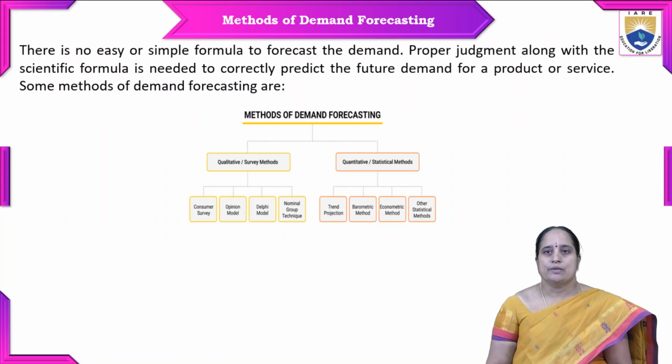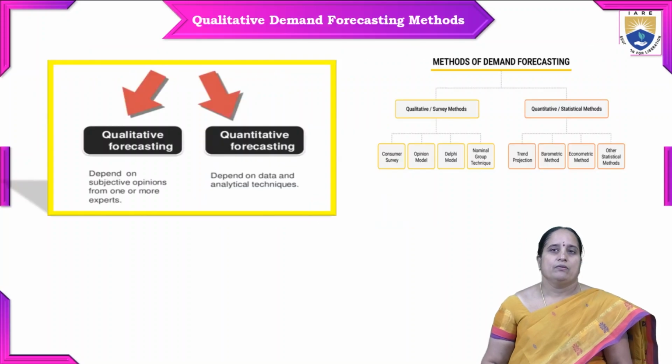Coming to the survey methods, we have consumer survey, opinion models, Delphi models, nominal group technique. Whereas quantitative or statistical methods include trend projection, barometric method, econometric methods, and other statistical methods used to forecast the demand for future sales.